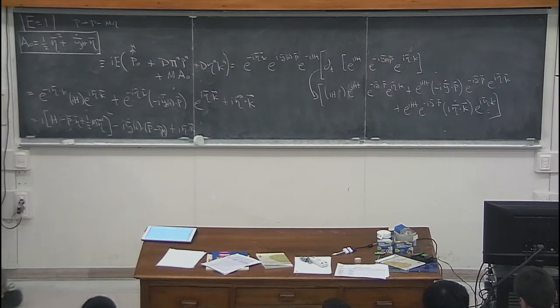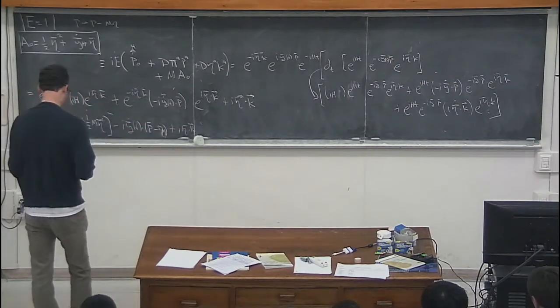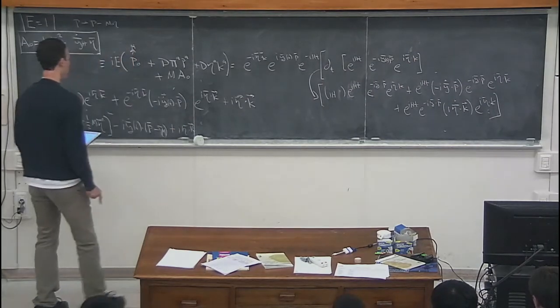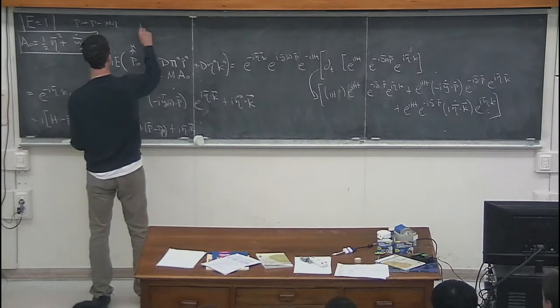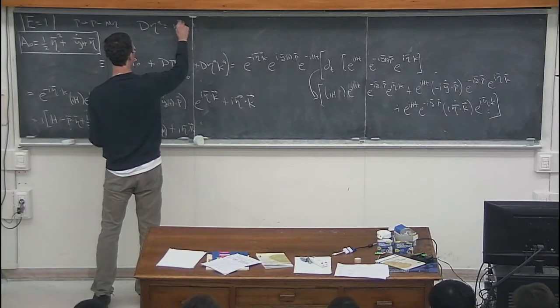Now let's extract the covariant derivatives. So the covariant derivative of the Fremon we can read off from the coefficient of k. So d on eta a is eta dot a.